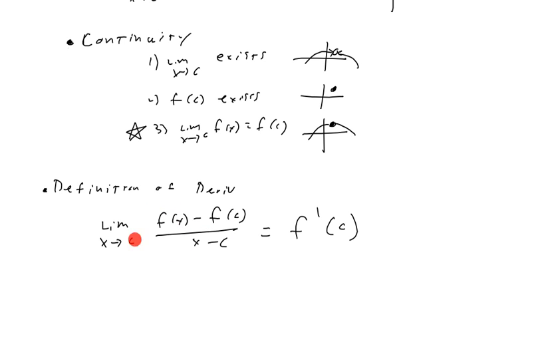We did a lot of these way back when. I made you do a lot of these by hand, where you simplified, canceled something, and got a derivative. We have other rules for derivatives now, but this was the limit definition. Oftentimes they throw this definition in there. They give you a weird equation, like the limit as x approaches 2 of f of x minus f of 2 over x minus 2.